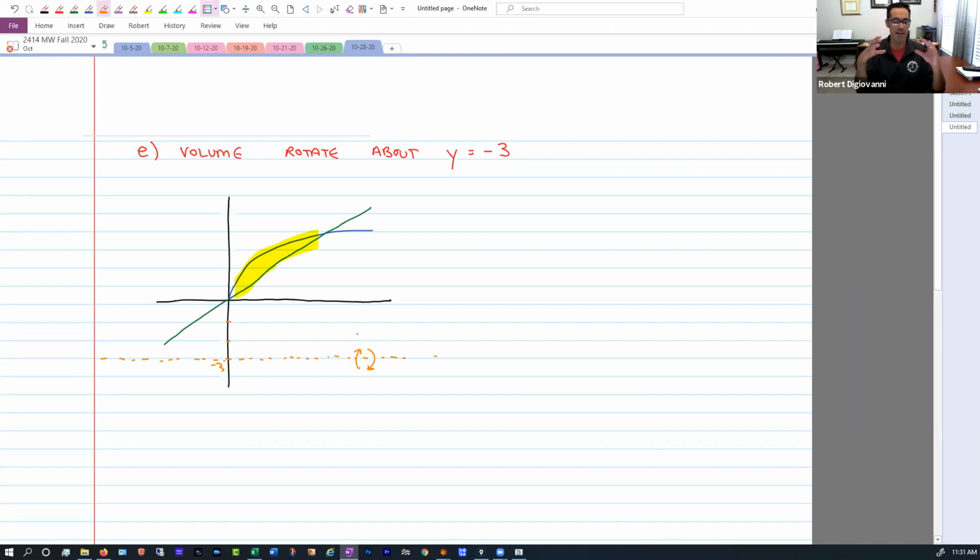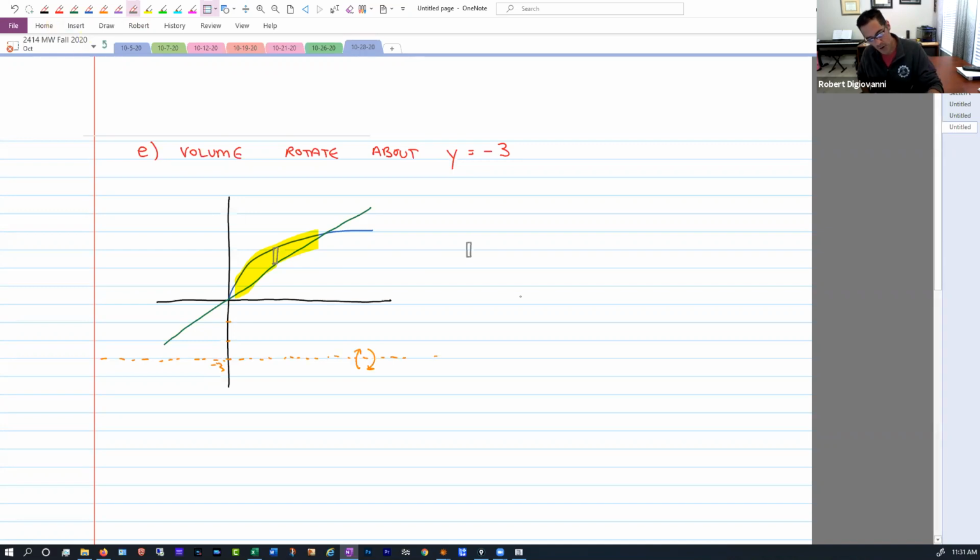Okay, everyone understand? Does everyone agree that we're going to get a different volume than just wrapping it around the x-axis, because we have a much bigger radius now because our axis of rotation is really far away from us? Yes? So I'm going to do the same thing. I have a rectangle over here. I'm going to move my rectangle over to the side.